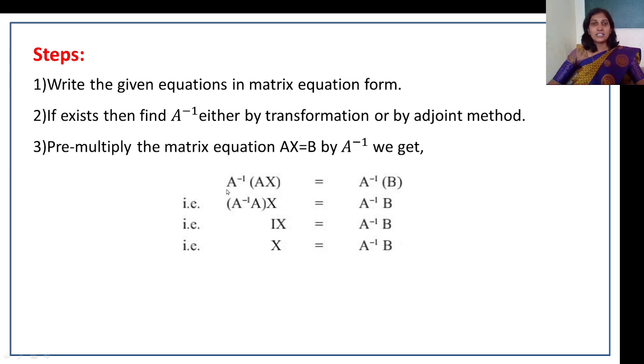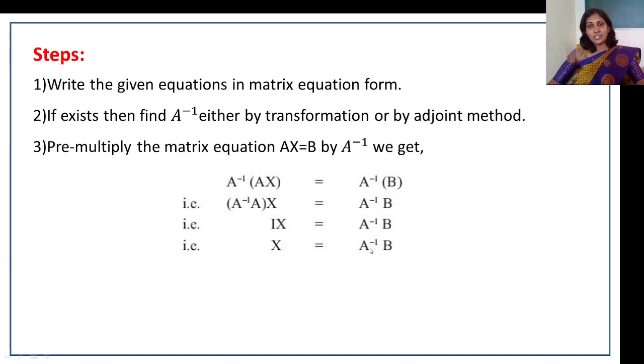We get A inverse into X is equal to A inverse into B. By the property of associativity, A inverse A into X is equal to A inverse B. A inverse into A is equal to I, so I into X is equal to A inverse B. If we multiply any matrix by the identity matrix, we get that matrix as it is. So X is equal to A inverse B.